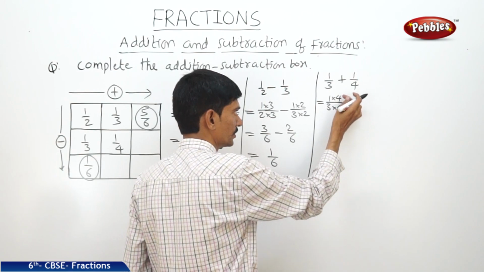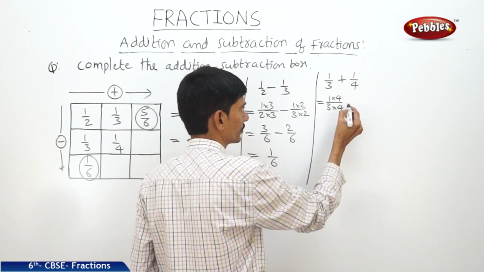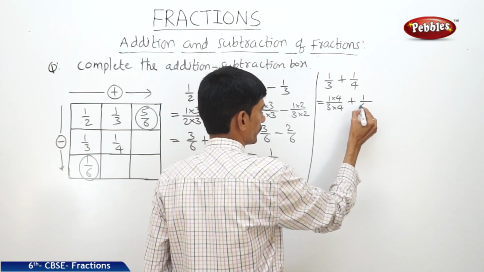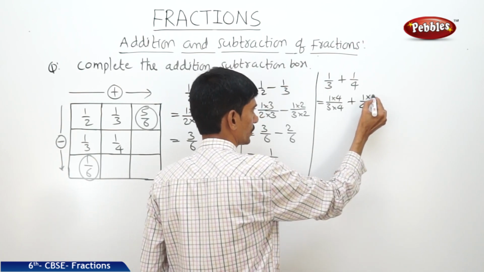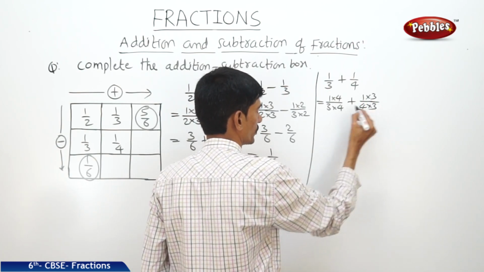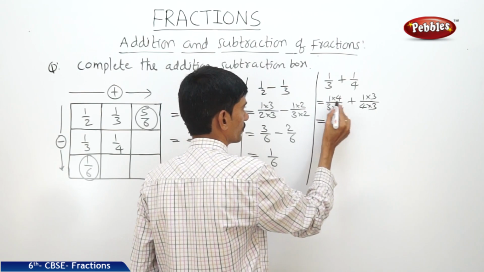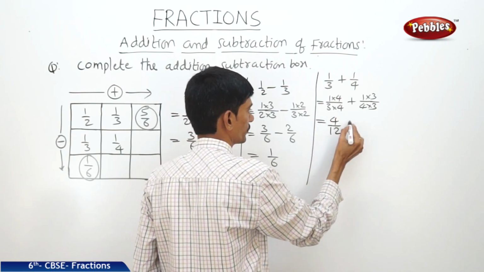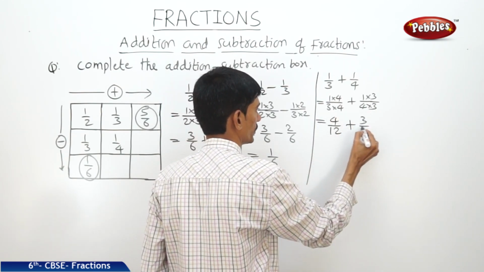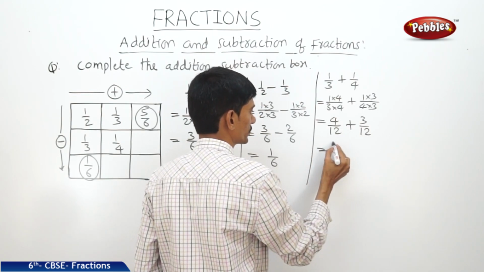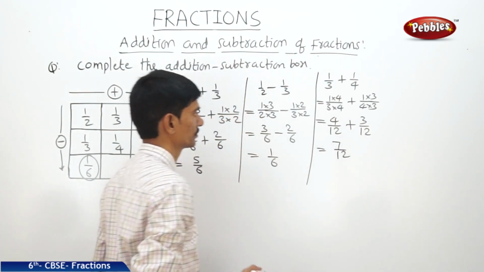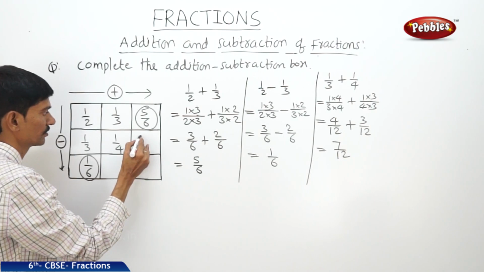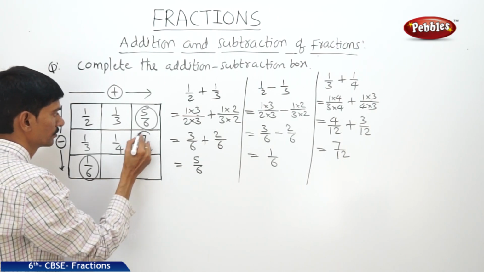So we multiply numerator and denominator by 4, plus 1 by 4 into 3, here 4 3 times 12. So we take 3. So this equals 1 4s are 4 by 12 plus 1 3s are 3 by 12. So then 4 plus 3 is 7 by 12. So in this box, 7 by 12.